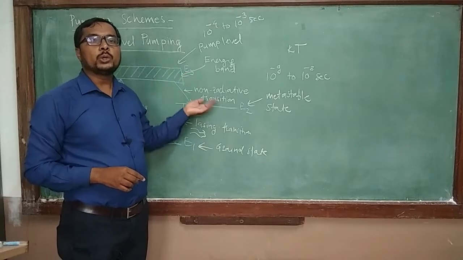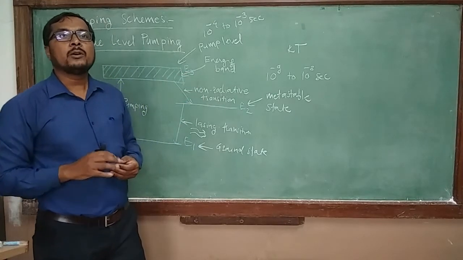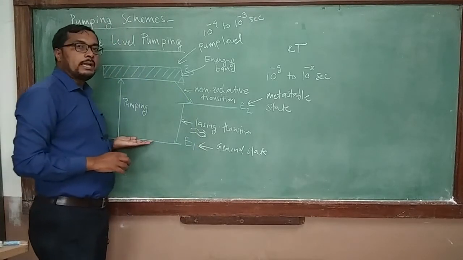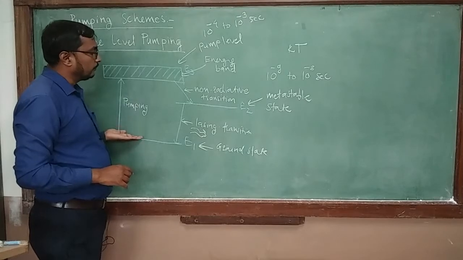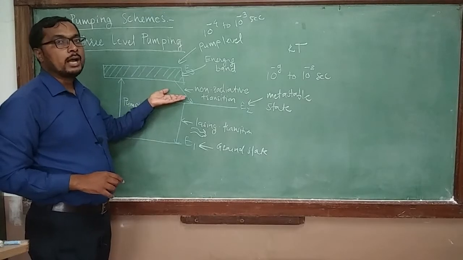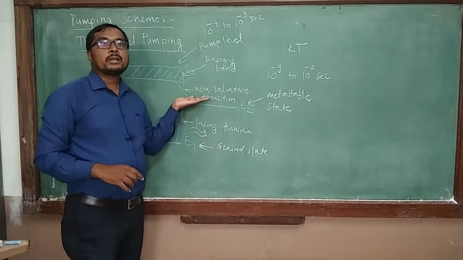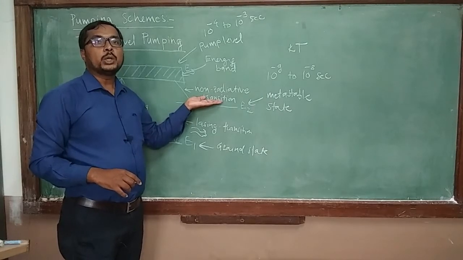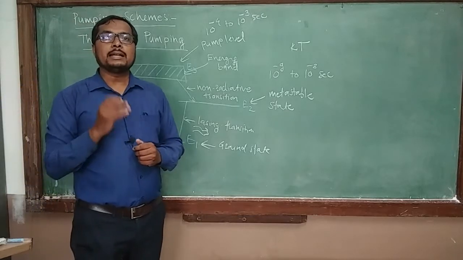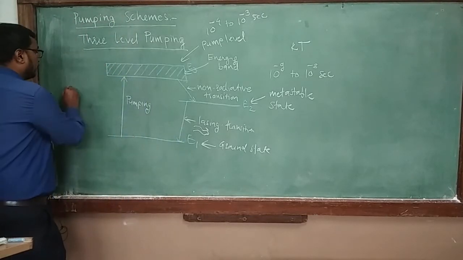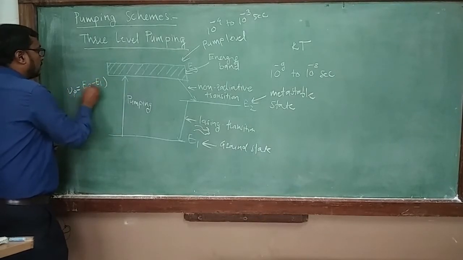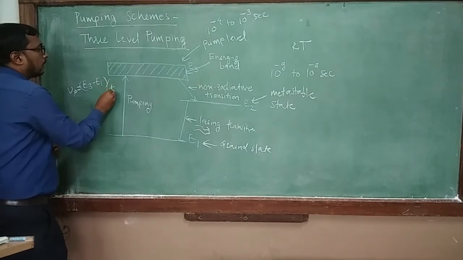From level E3 to E2, they will stay there for a longer time, and if the pumping agent pumps the atoms from the level E1 to E3, the atoms fall immediately to level E2, and population inversion can be achieved between the levels E2 and E1. So, to pump the excited level, we use the pump frequency, nu P equal to E3 minus E1 upon h cross.